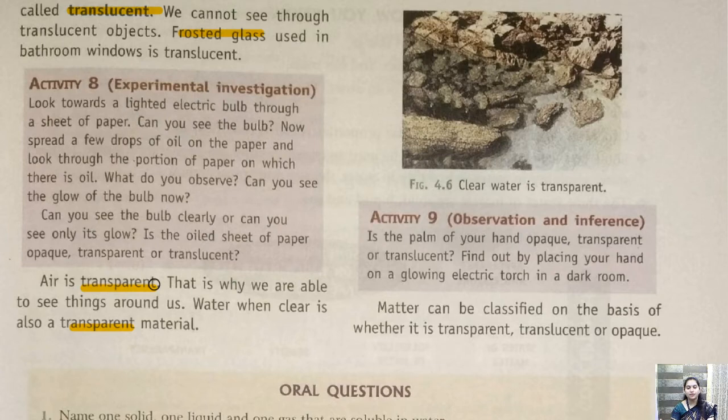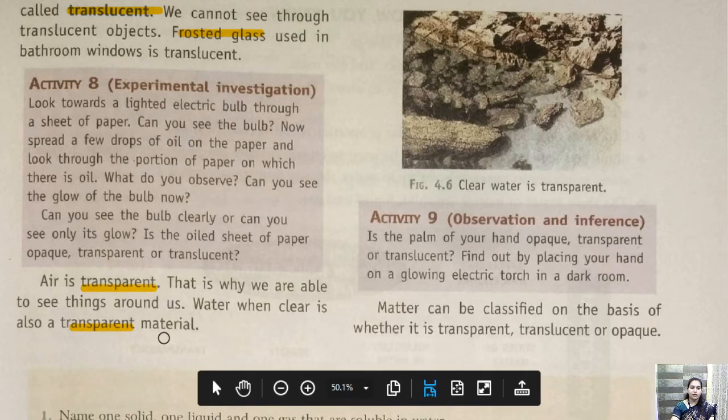If air is dirty, if there is dust or sand in that, that air is not transparent, but pure air is transparent. Got it? So clear water is a transparent material. Okay. So matter can be classified on the basis of whether it is transparent, translucent or opaque. Got it?